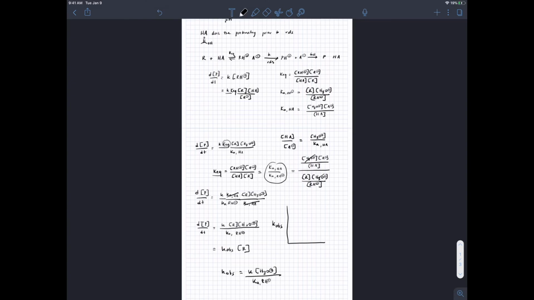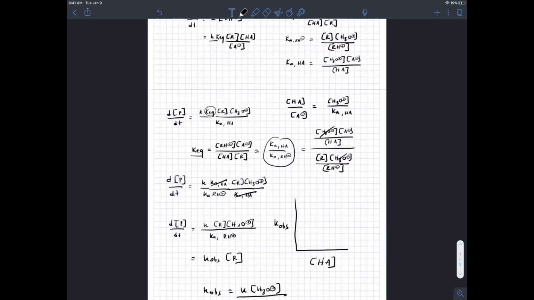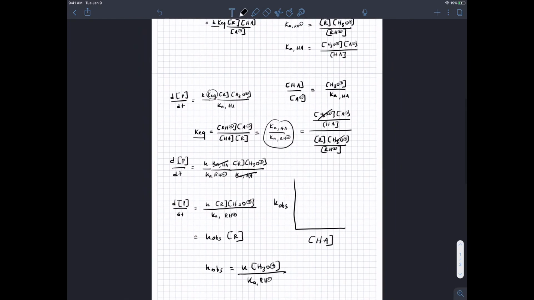Notice that the concentration of our acid does not appear in that expression. And what that means is that for specific acid catalysis, it doesn't matter how much of our external acid we add, the rate doesn't change.